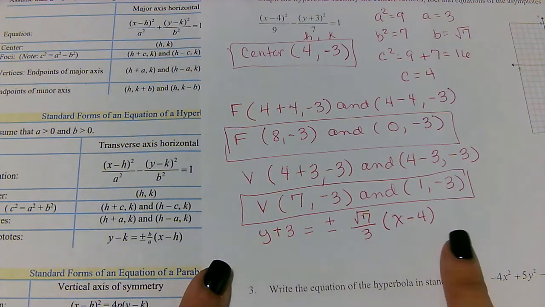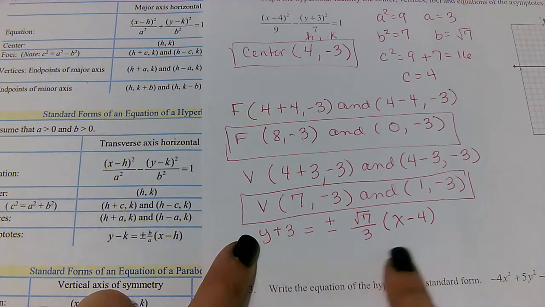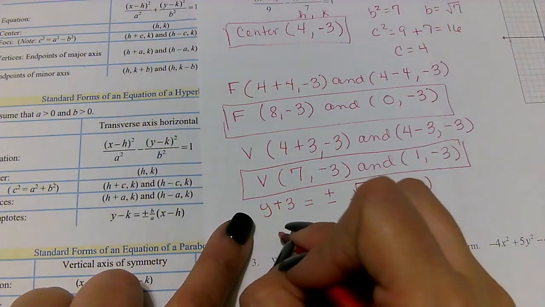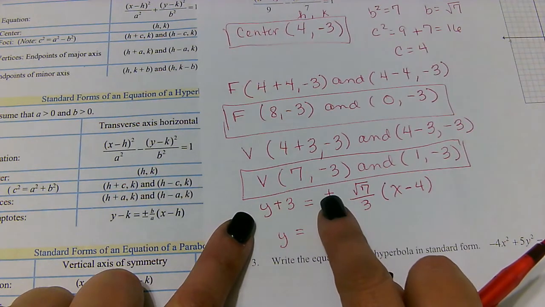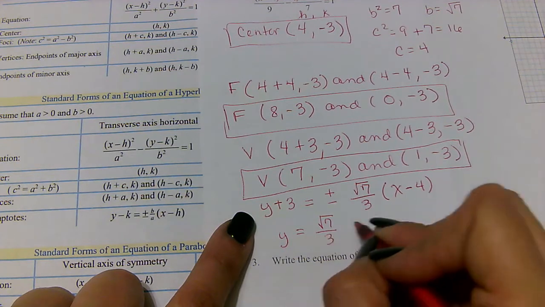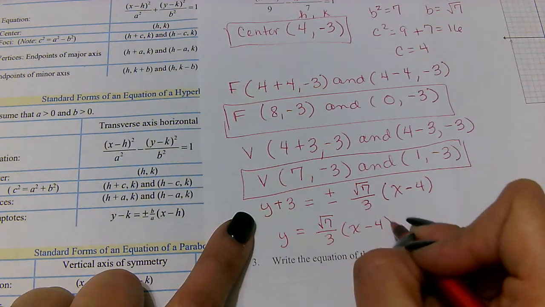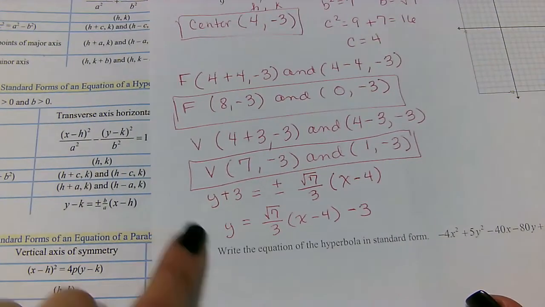Okay, next thing I'm going to do is take this plus 3 over to the other side. So I'm going to have y is equal to, and I'm going to write out two equations. The first one's going to be our positive one. So y1 is the square root of 7 over 3, times (x minus 4), minus 3, because I'm taking this 3 over to the other side.